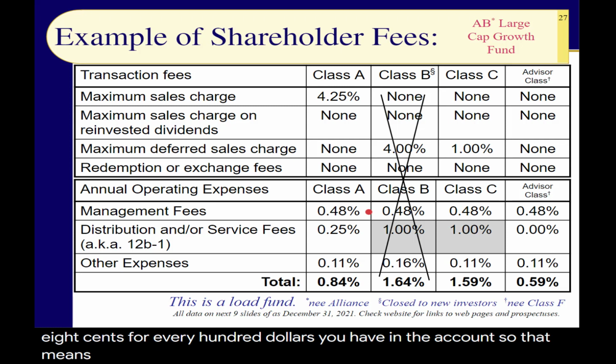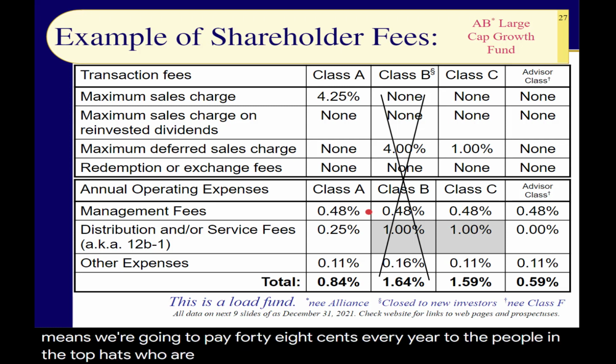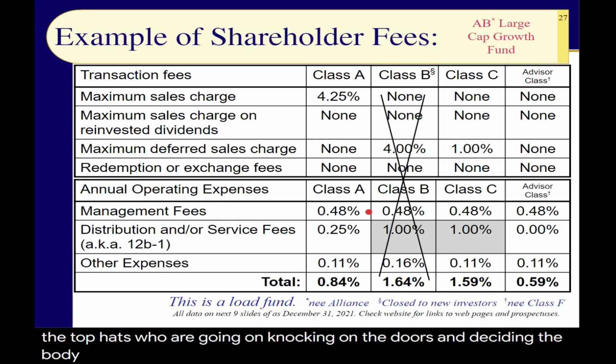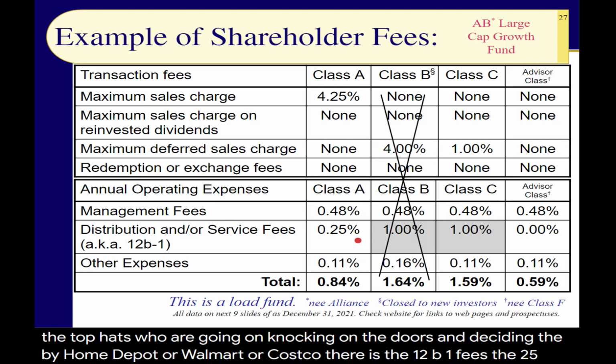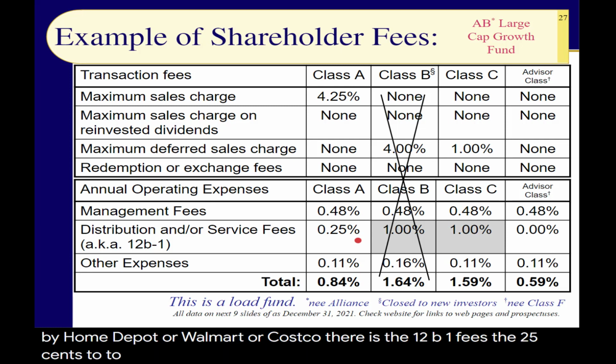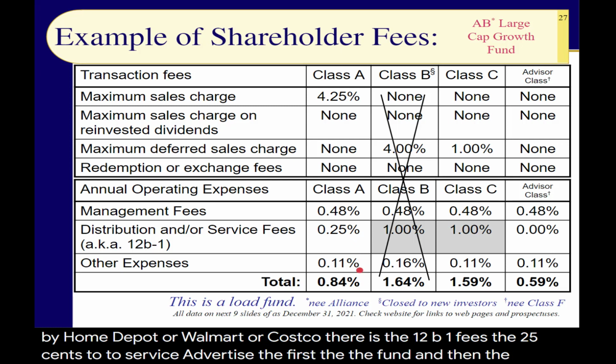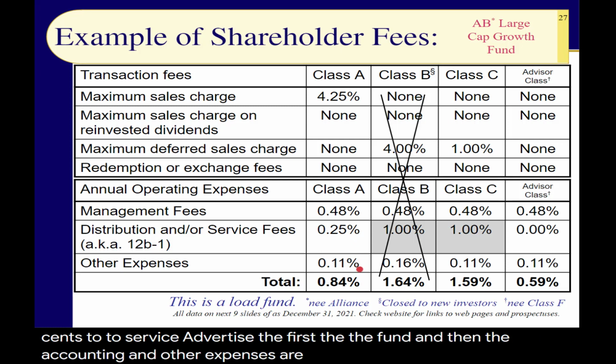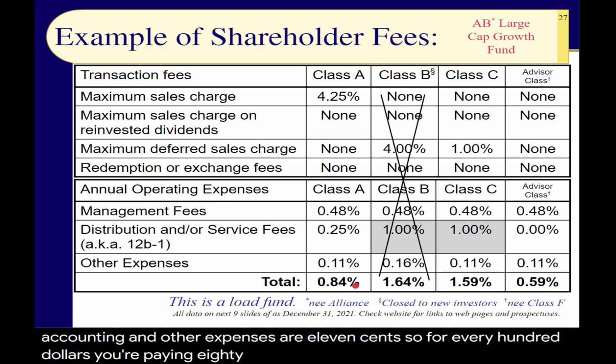So that means we're going to pay 48 cents every year to the people in the top hats who are going on knocking on the doors and deciding to buy Home Depot or Walmart or Costco. There's the 12B1 fees, the 25 cents to service, distribute, market, advertise the fund. And then the accounting and other expenses are 11 cents. So for every $100, you're paying 84 cents a year.